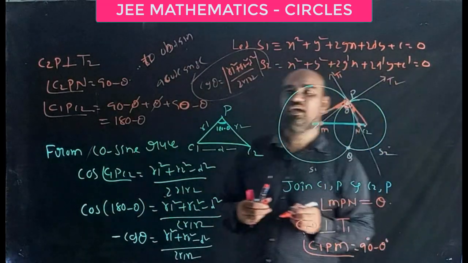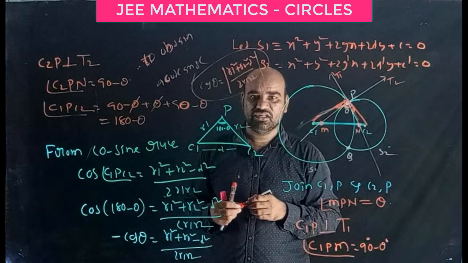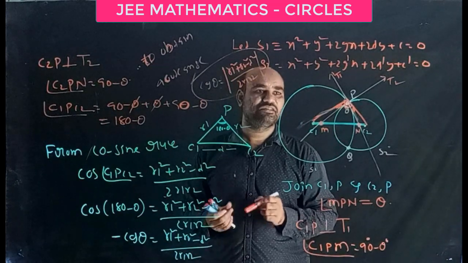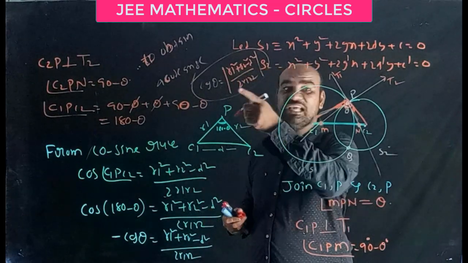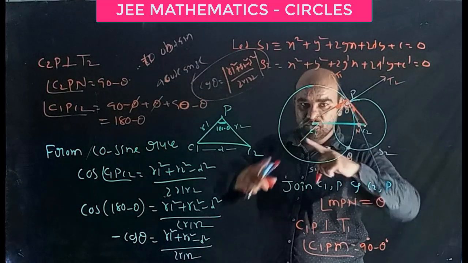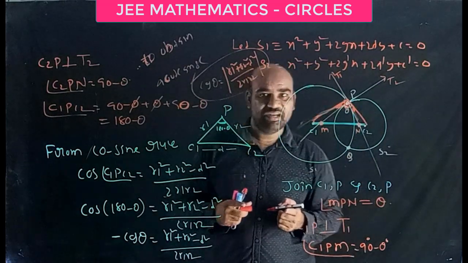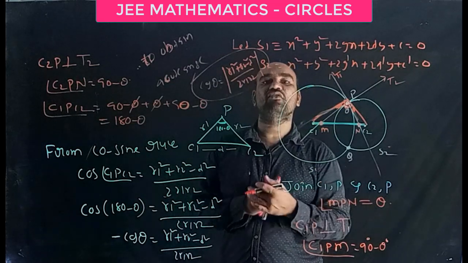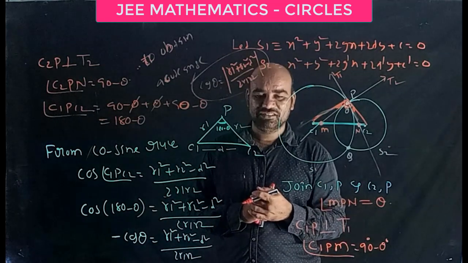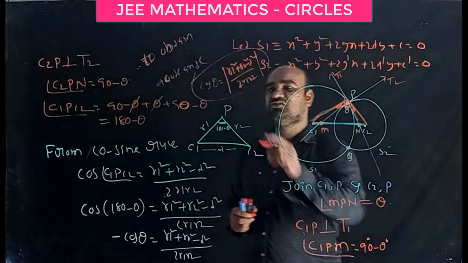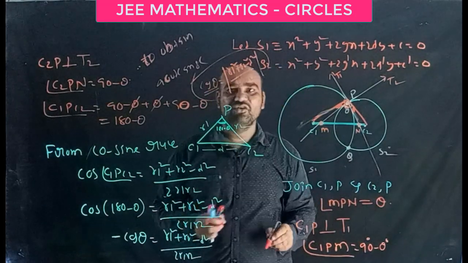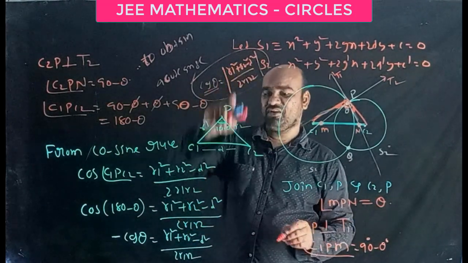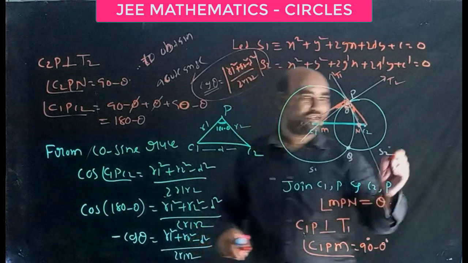So using this formula you can find the acute angle between these two intersecting curves. Sometimes this angle may be 90 degrees, the angle between those two tangents may be 90 degrees. In that situation, the circles are said to be orthogonal circles at that point, or simply orthogonal circles. So cos 90 becomes 0. Cos 90 is 0 means what condition will we get?